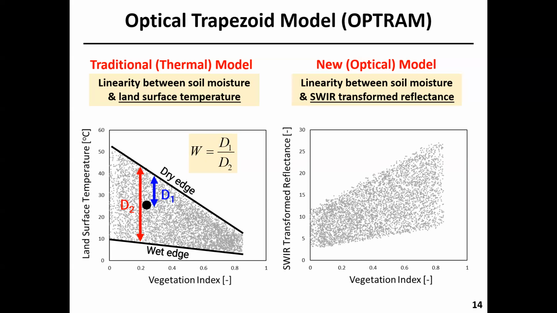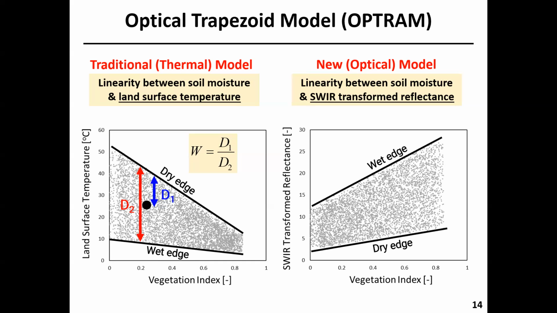So similarly, in the optical trapezoid model, we assume the relationship between sphere transform reflectance, or STR, and a vegetation index such as NDVI, because we already showed in the lab that there is a linear relationship between soil moisture and STR. So we could replace this linear relationship in the thermal or traditional trapezoid model.